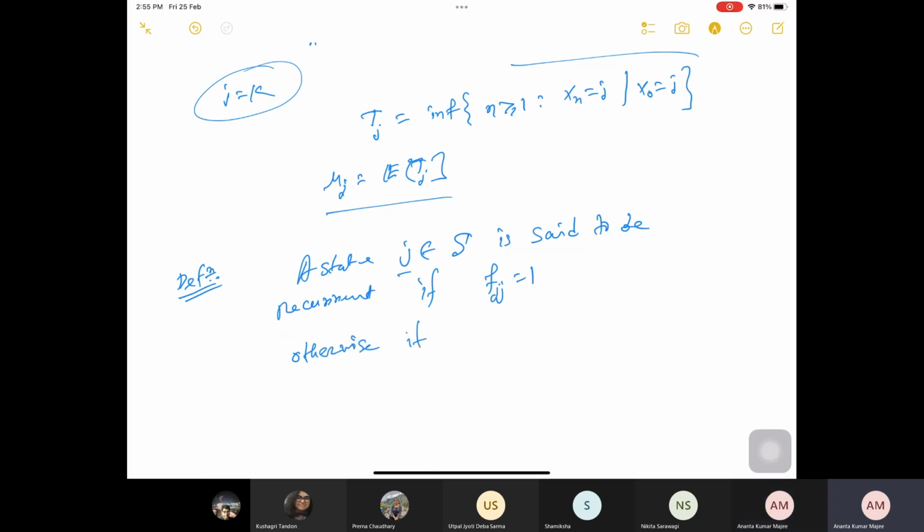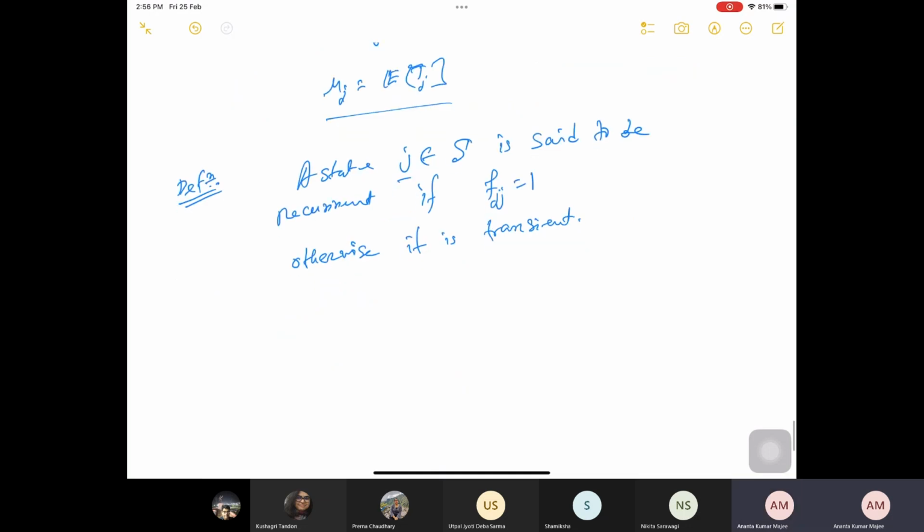Otherwise, it is transient. So now, if I have a recurrent state, then I have classifications of recurrent, that is in terms of my expected recurrence time, or in particular in terms of mu_j.